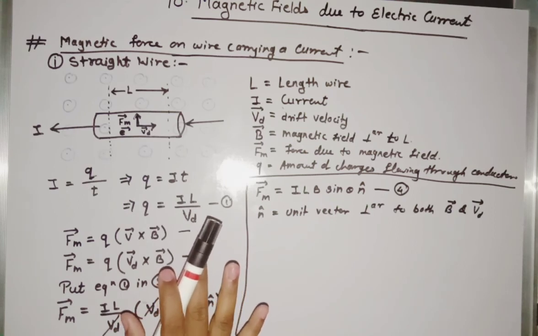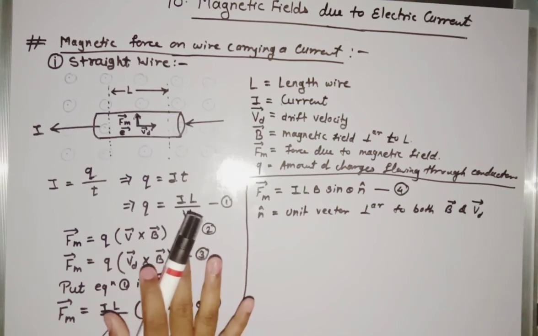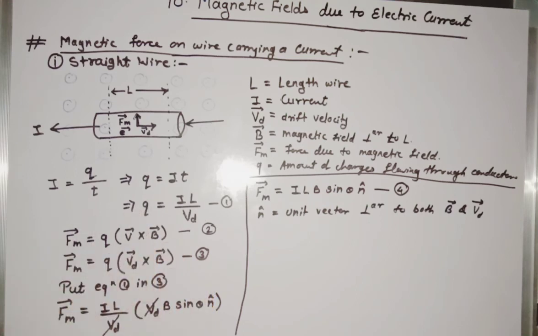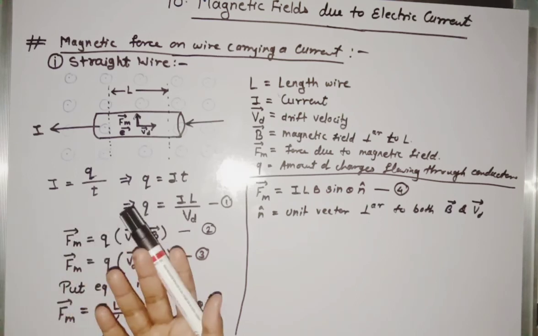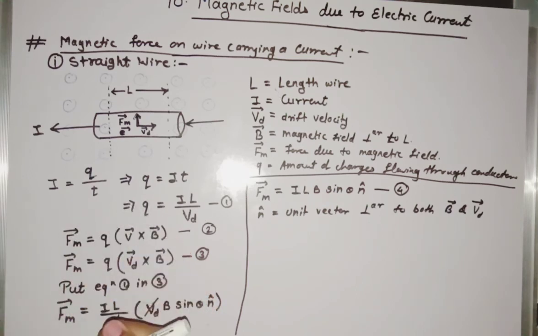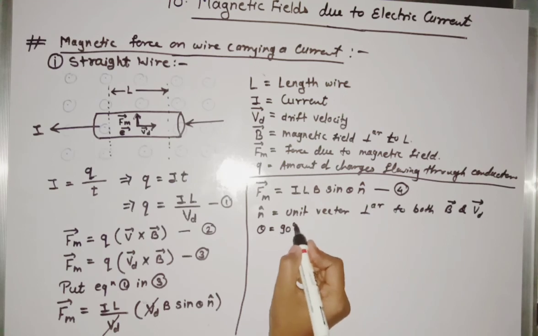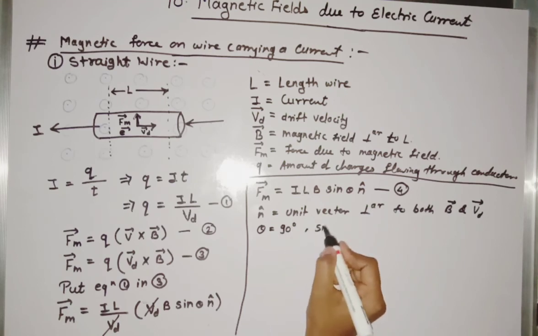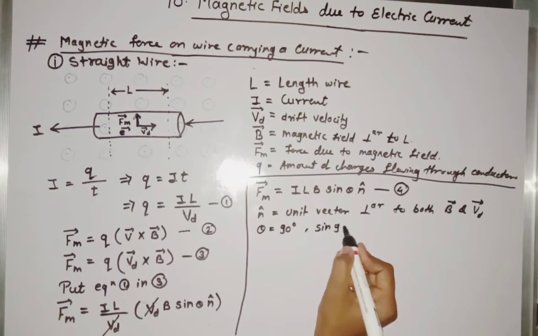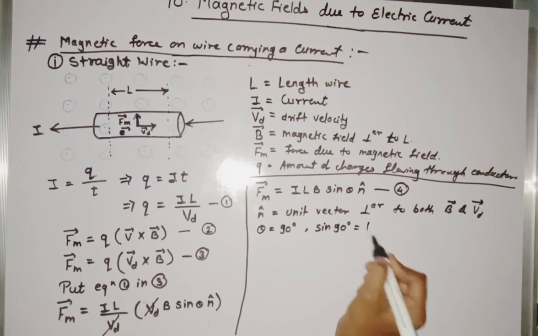That means this magnetic field will also be perpendicular to the drift velocity of the electrons or of the charges which are moving through that conductor. So here angle theta will be 90 degrees. And what is the value of sine 90? As you know, sine 90 degrees is 1.